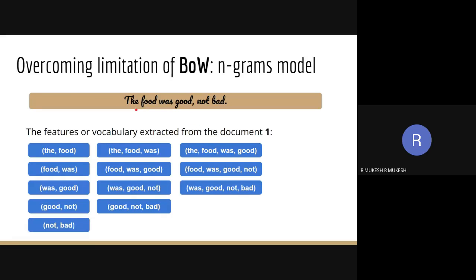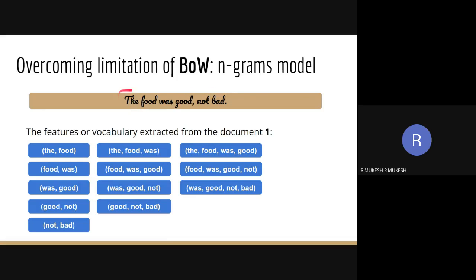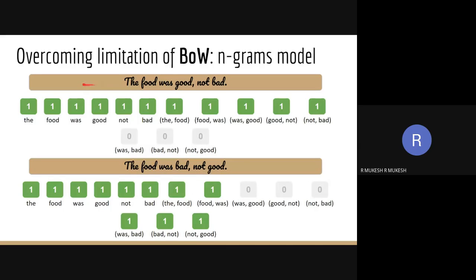Although the same set of words could be used in both the sentences, since we are using sliding windows, those 2 sentences would have different feature representations. So let me represent the second document also using the same set of features. Now you see that I have represented both the documents using these features.